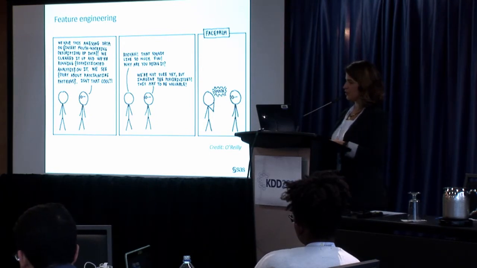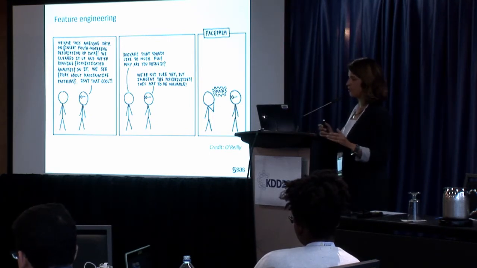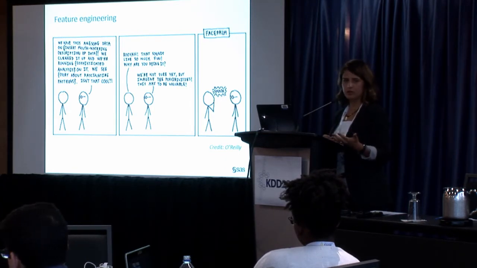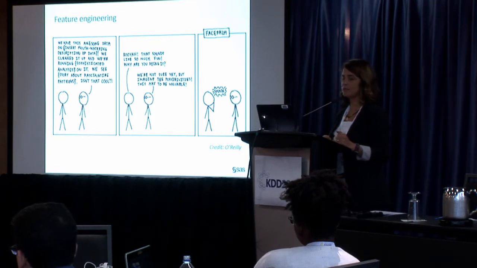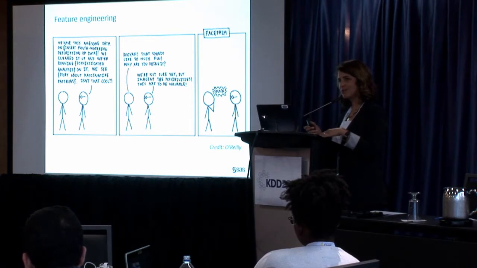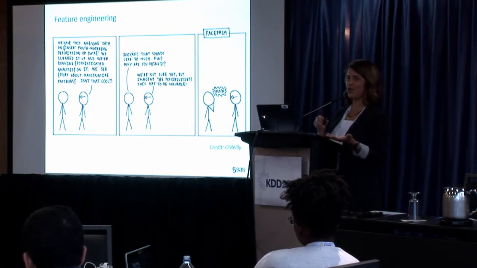Commonly used feature engineering techniques include transformation of numeric variables, like log or square root transformation, sometimes converting nominal variables to interval variables, sometimes converting interval variables to nominal variables.